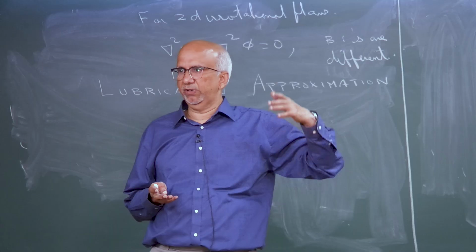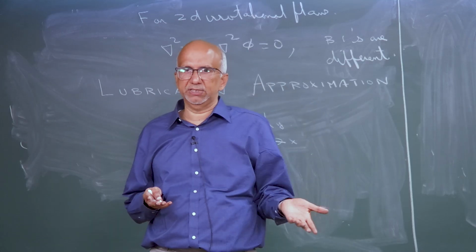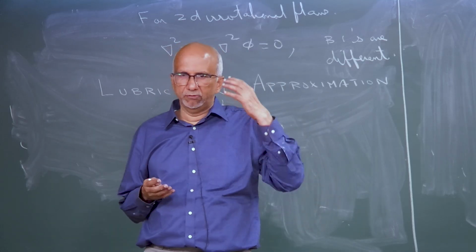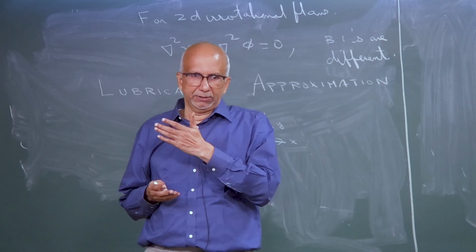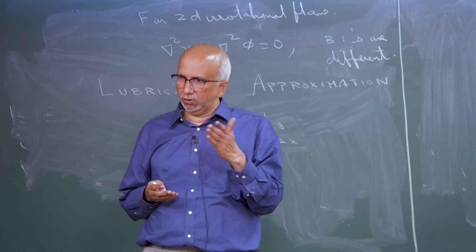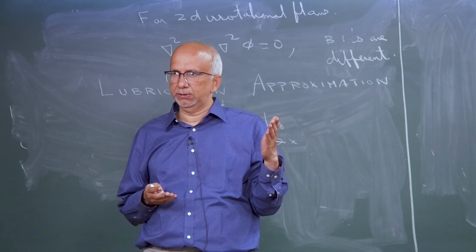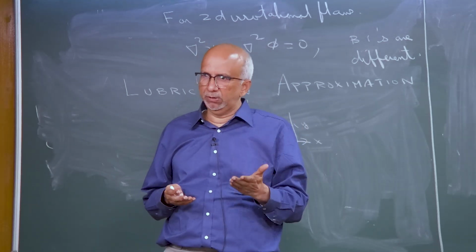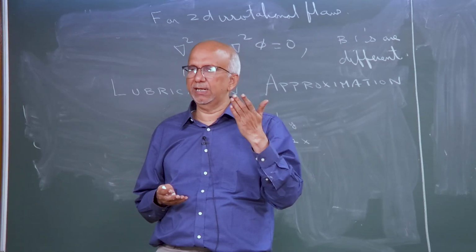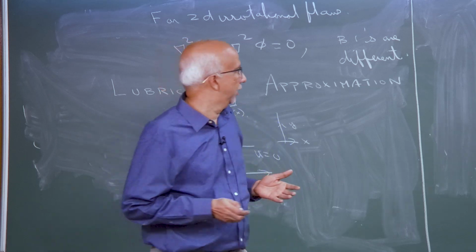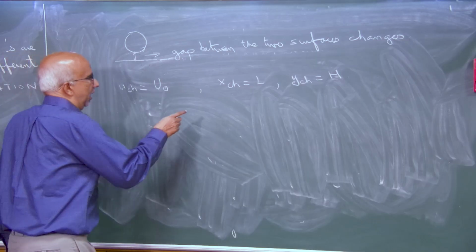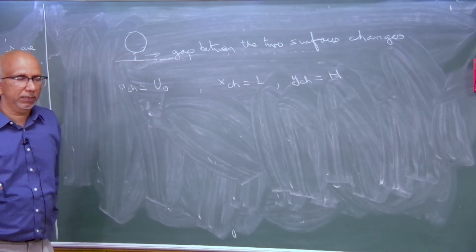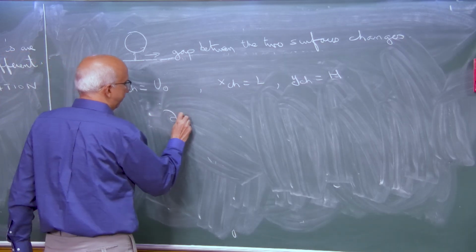So dv by dy will exist. I want to know what its magnitude is. Intuitively, what do we expect? That the dominant component of velocity will be in the x direction, and the component in the y direction will be very negligible. So how do I infer that mathematically? By looking at the equation of continuity.